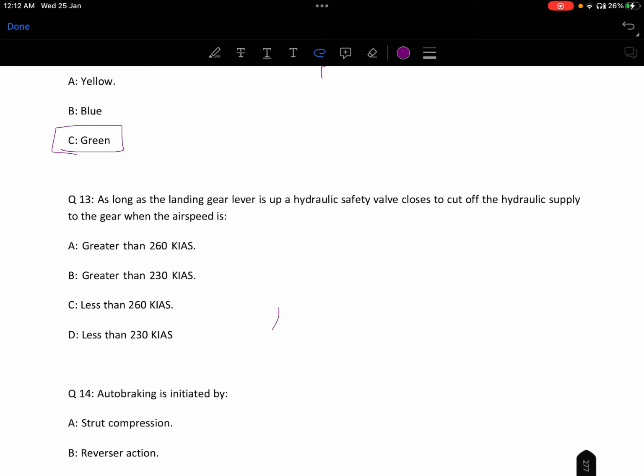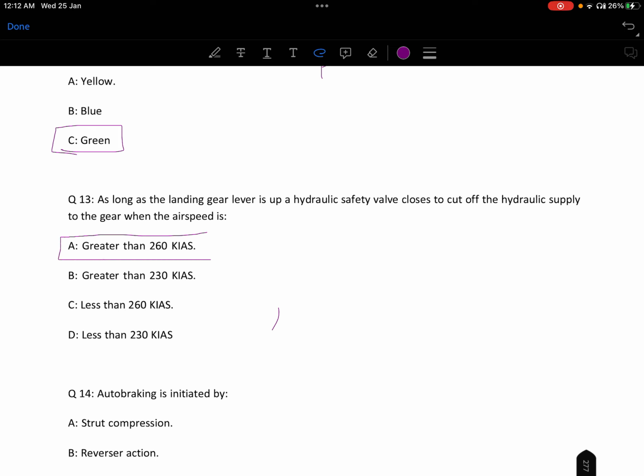So if you try to put the gear lever down, the landing gears will not be lowered because there will be no hydraulic supply above 260 knots.